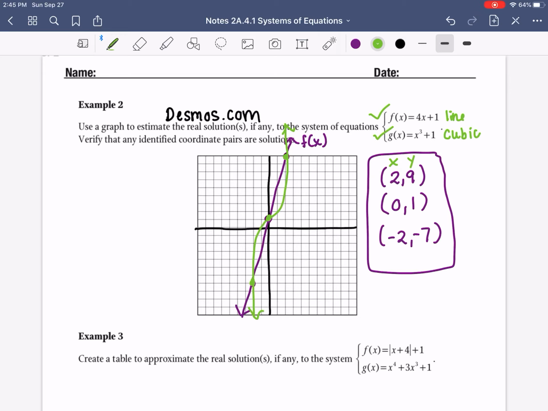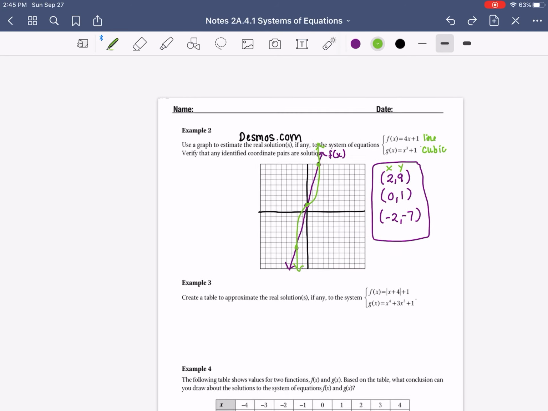Check, it works for this one. And then you would do the same thing with 0, 1. 4 times 0 is 0, 0 plus 1 is 1, check. 0 cubed is 0 plus 1 is 1. Check. Negative 2 times 4, so I'm just plugging it in and double checking that for both of them, you plug in negative 2, you get out negative 7. Okay, that's how you can verify.